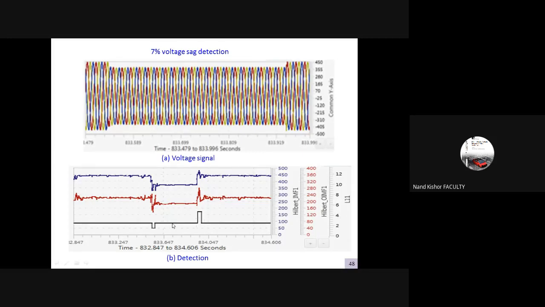You can see here that the wavelet transform and the Hilbert orthogonal and conventional IMF are able to detect the period of sag occurrence here. So we can know the instant the sag takes place, and then the instant the voltage profile improves.